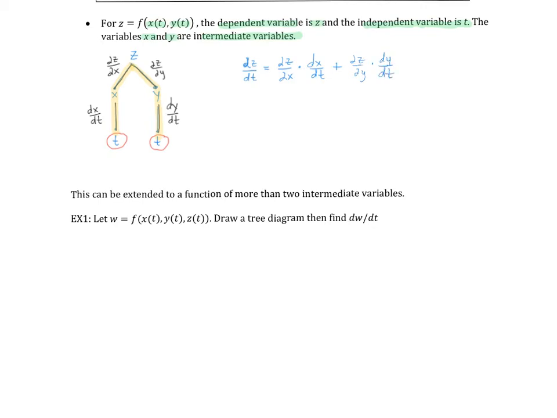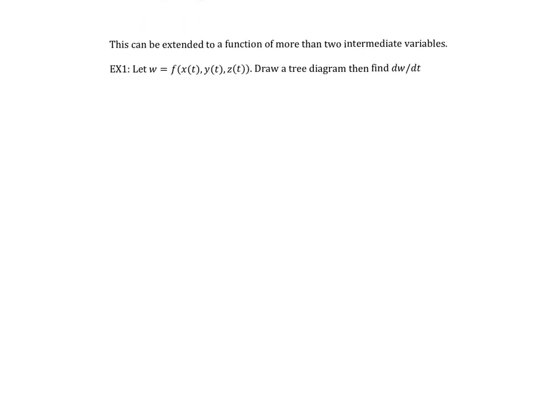And that's where that formula comes from, the chain rule used when you have a function z of two variables. However, each one of those variables are also a function of another variable, t. And this idea, this chain rule, can be extended to any function with as many variables as you want.